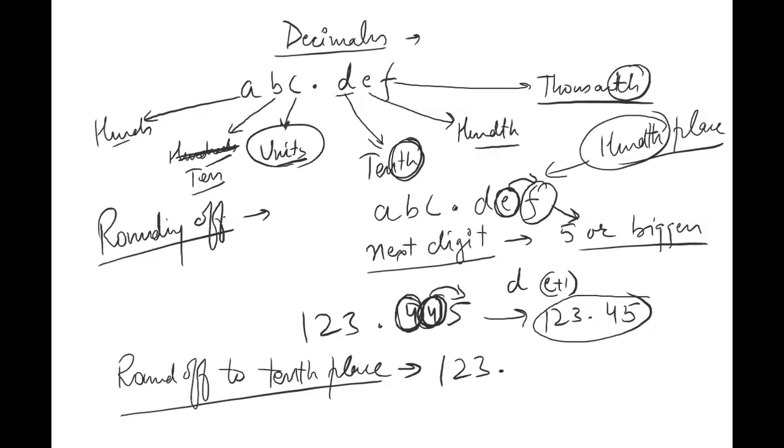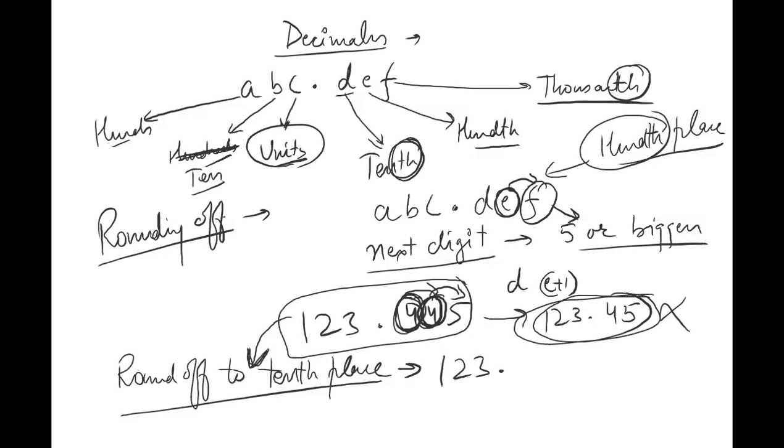No. We need to see the next number in the original number, not in the rounded off number. We are rounding off the original number to the 10th place. Next number is less than 5, so it'll remain 4. That's the whole point. Okay, everybody, is that fine? So we need to avoid this mistake.